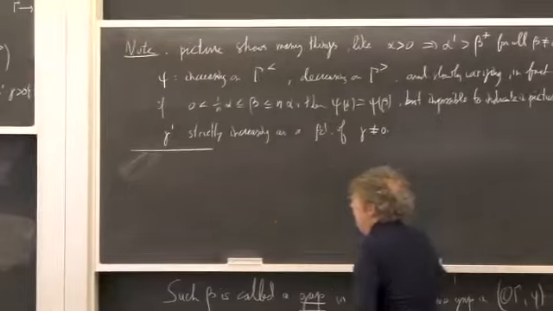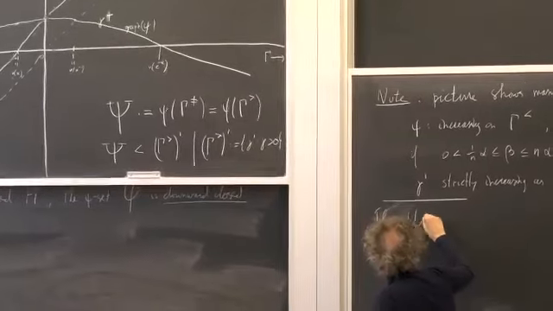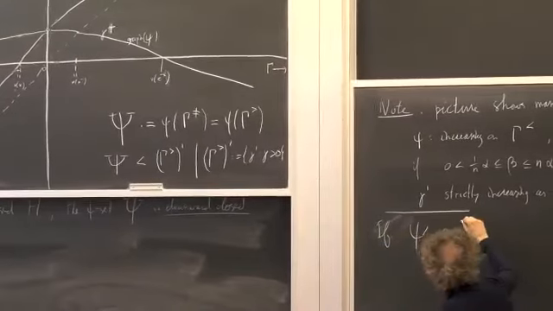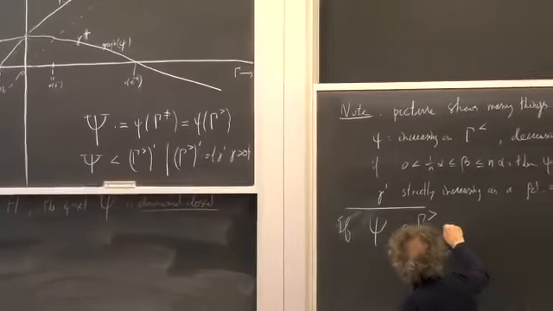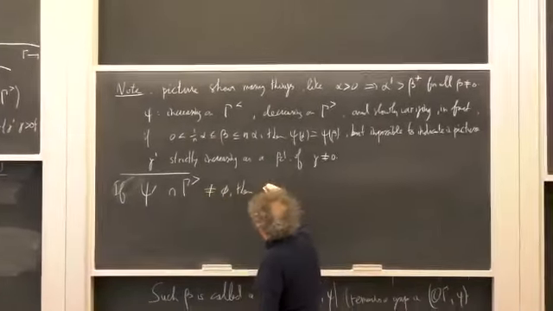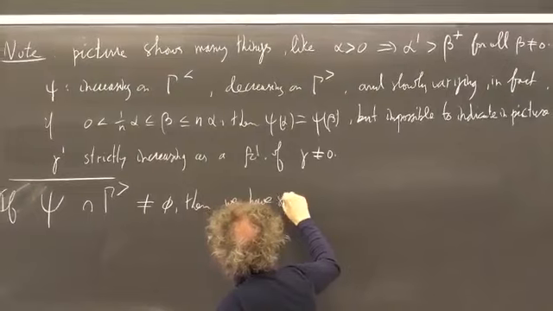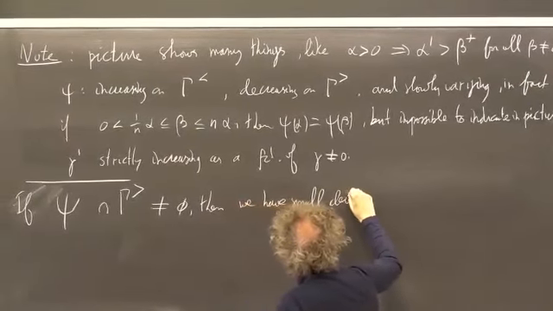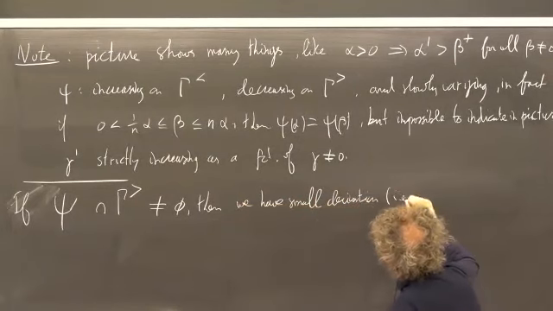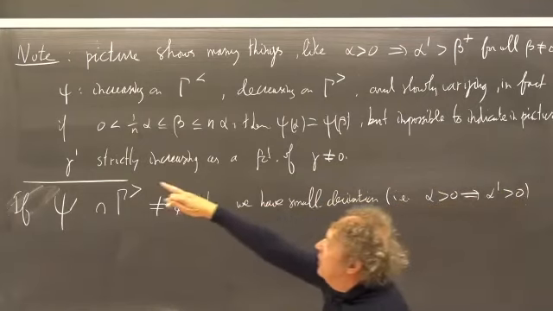If the psi set has a positive element, that is, the psi set intersected with gamma positive is not empty, then certainly we have small derivation, i.e. alpha positive implies alpha prime positive, which again is visible in the picture.